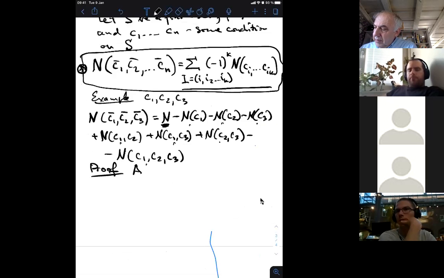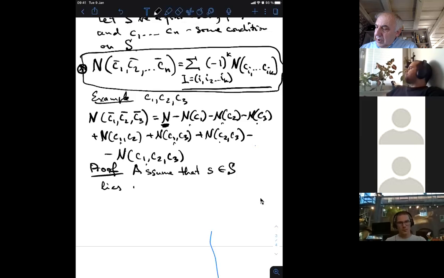Assume that an element small s in S lies in S minus the union of the sets SC1, SC2, and so on, SCn.